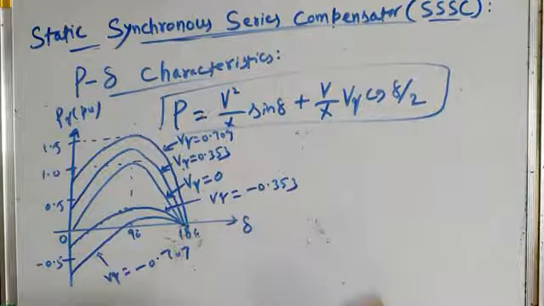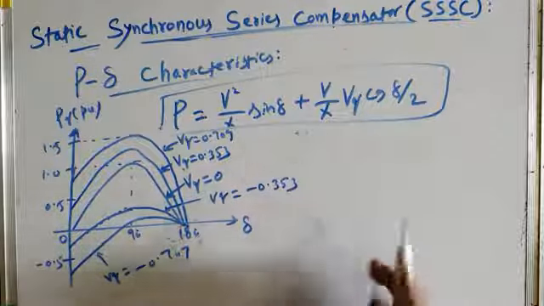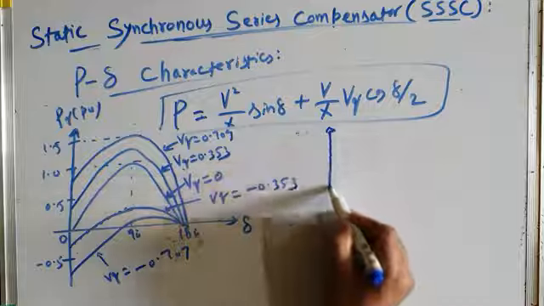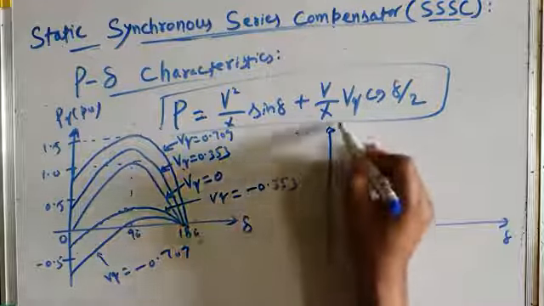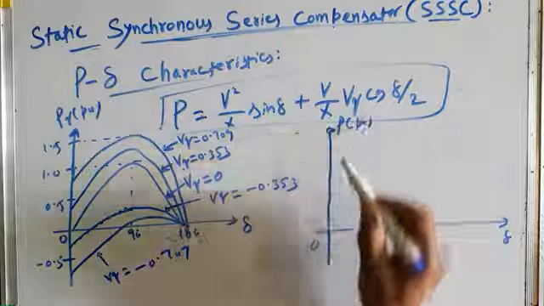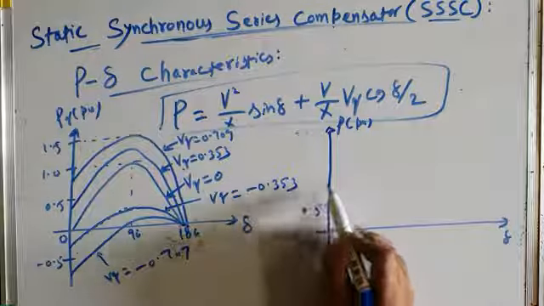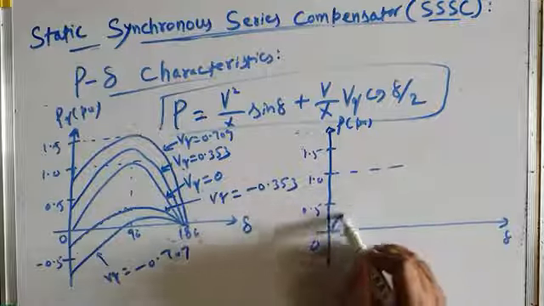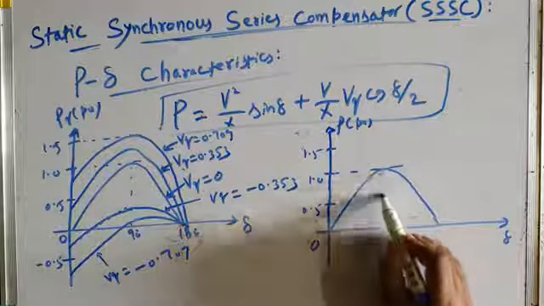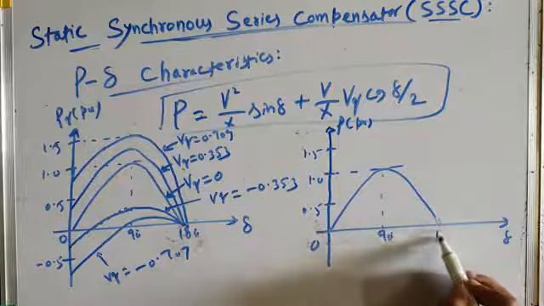So therefore, on the other hand, if you draw the power angle characteristics for series capacitive compensation, delta and power is in per unit. So for example, this is 0.5, this is 1, and this is 1.5. This is delta equal to 90 degrees, this is delta equal to 180 degrees.